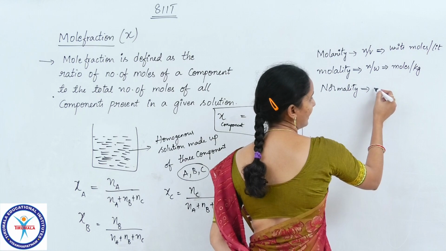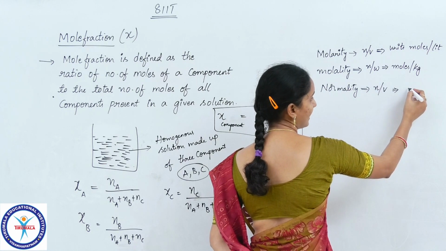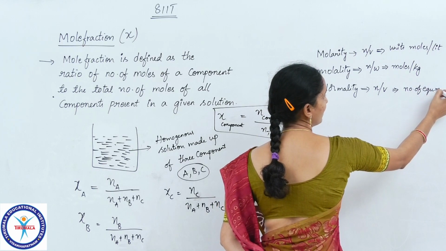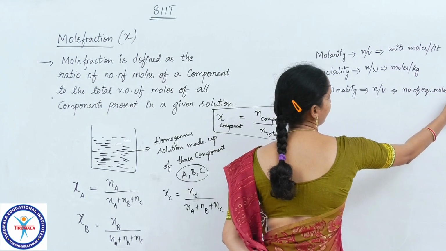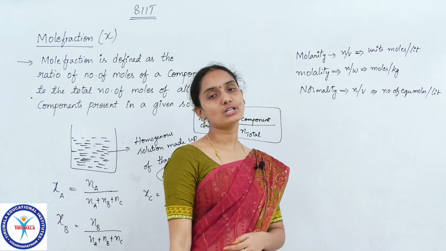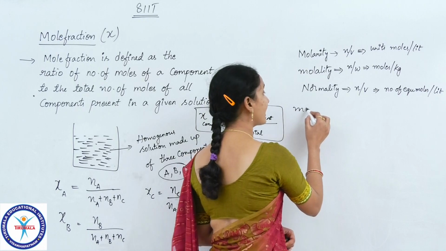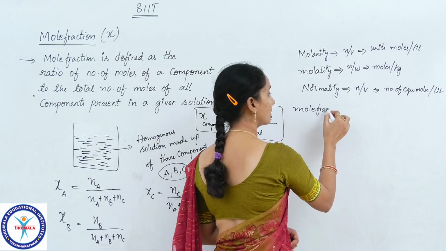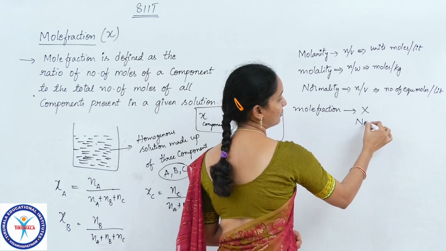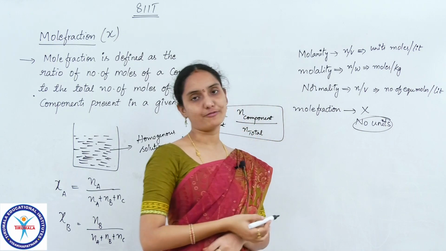Normality is number of equivalent weights by volume, so it can also be taken as equivalent moles per liter. In that manner, all these quantities which are used to measure concentration have units, but coming to mole fraction, it does not have any units. It has no units because it is the ratio of the same type of quantities.